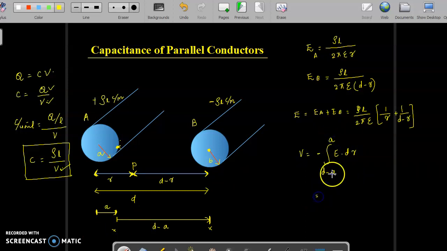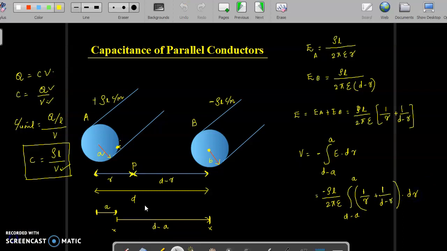Now we can substitute the expression of E here. Rho over 2 pi epsilon is a constant, so we can take it out. So rho over 2 pi epsilon, minus integration from d minus a to a of the term 1 by r plus 1 by d minus r, integrating with respect to dr.